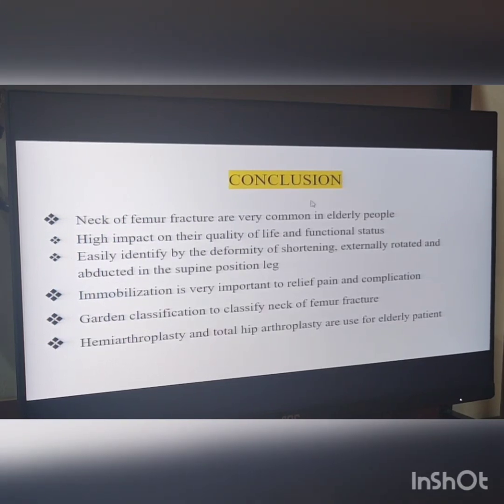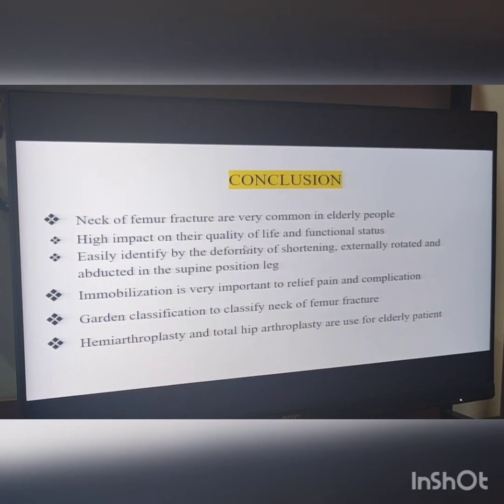As a conclusion, neck of femur fracture is very common in elderly people, because they are osteoporotic and don't need trauma or high energy impact to get a fracture as young people do, and it has a high impact on their quality of life and functional status. We must remember, once the patient has a fracture, it really impacts their quality of life.